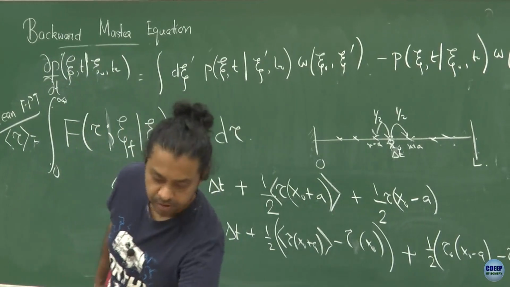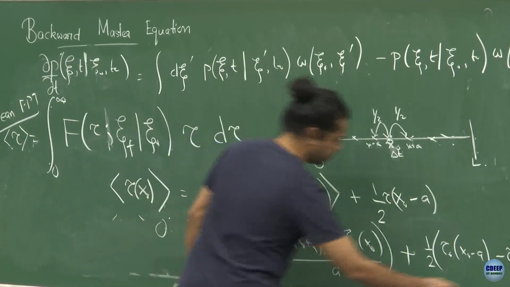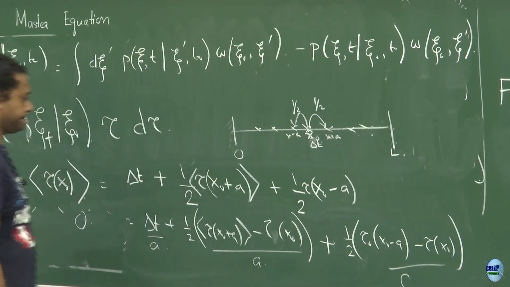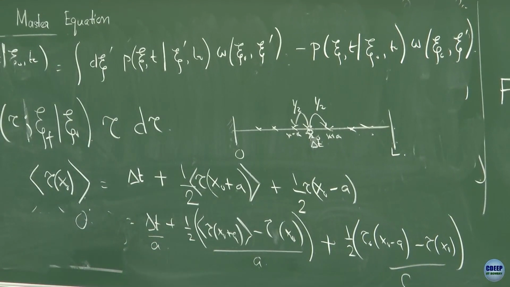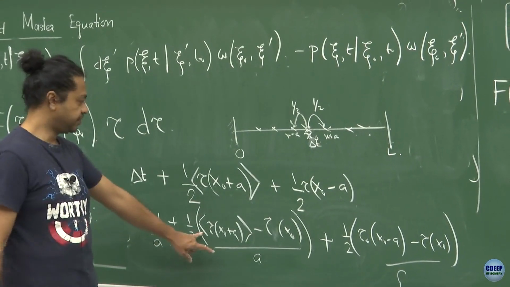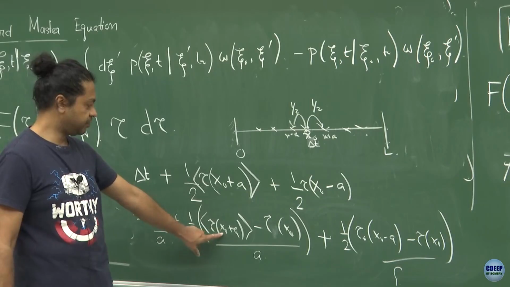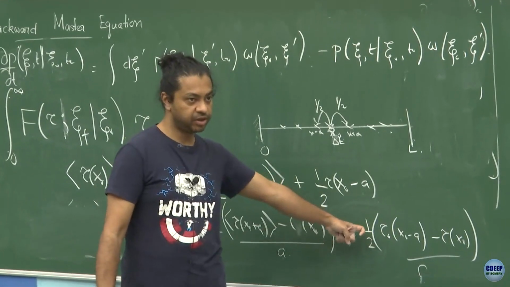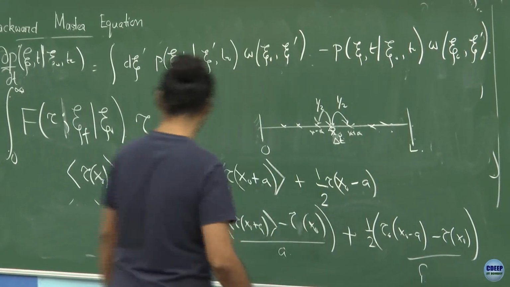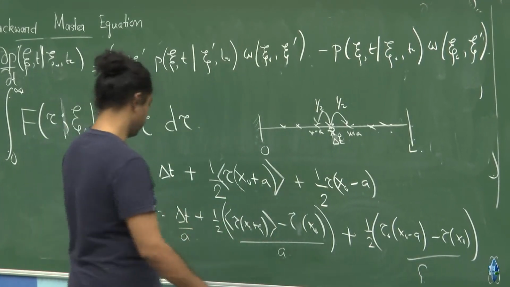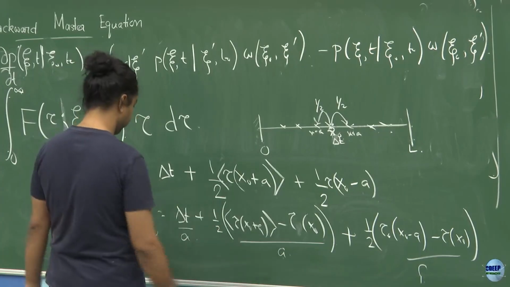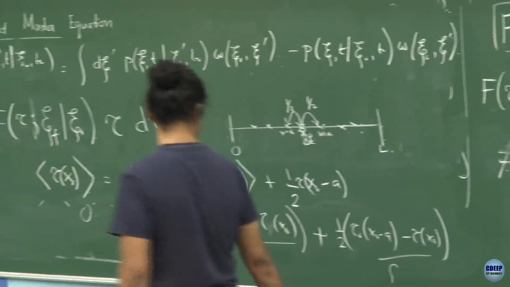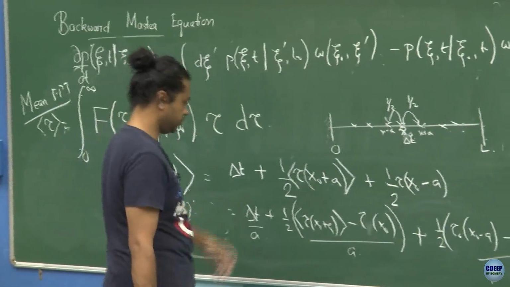So I divide by a, divide by a, and this thing is what? This is now the first derivative minus another first derivative. So this is the second derivative. If I divide by a once more, no, this is fine. Okay, so that was my definition.